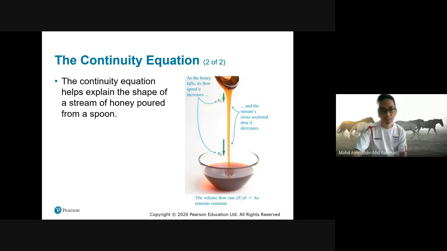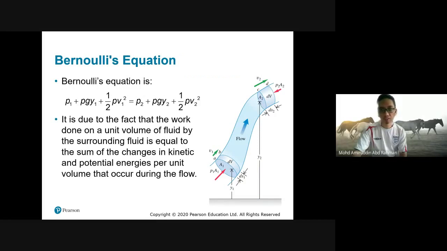And you will also have Bernoulli's equation. Bernoulli's equation is given by this one, where you have P1 pressure.